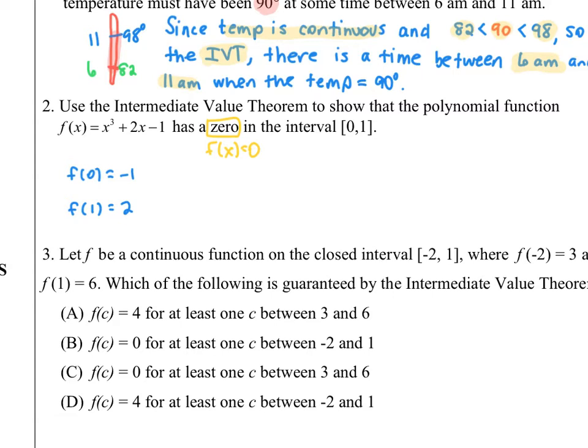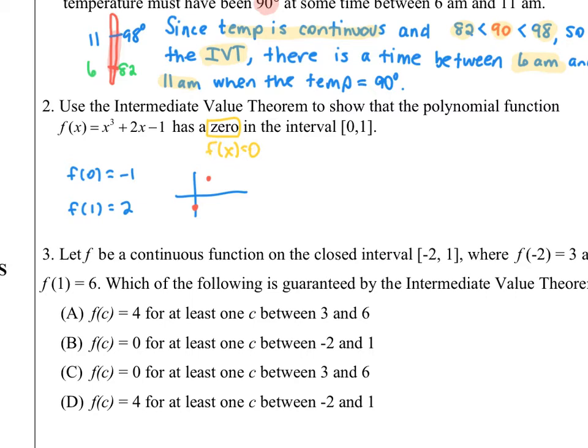If you think about it logically, on a graph, if I'm going to start at the point (0, -1) and head to the point (1, 2), it doesn't matter what this graph looks like. To get from this point to this point, I need to cross over the x-axis, and that's when my f of x is going to equal 0.